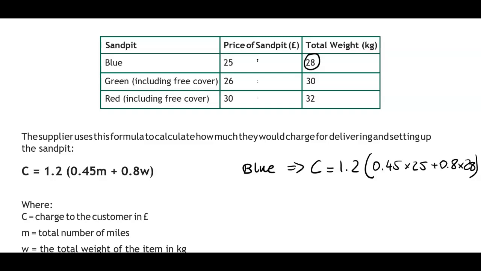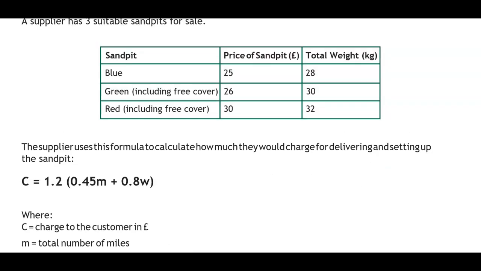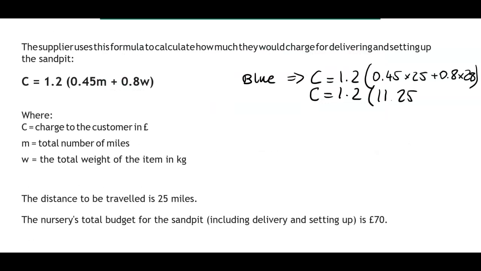So we could work it out using a calculator. So this is 1.2 times 0.45 times 25 is 11.25. Add 0.8 times 28, which is 22.4.